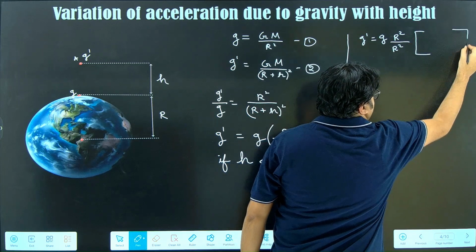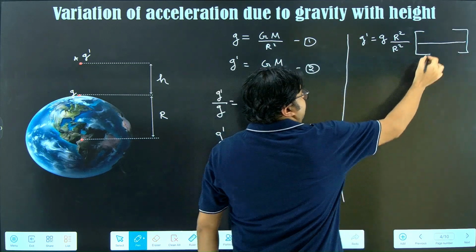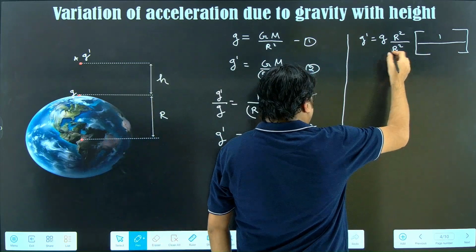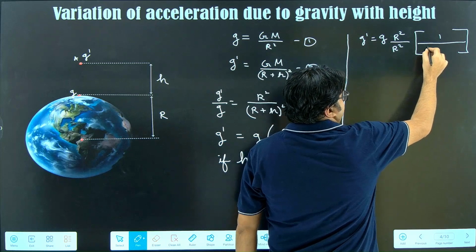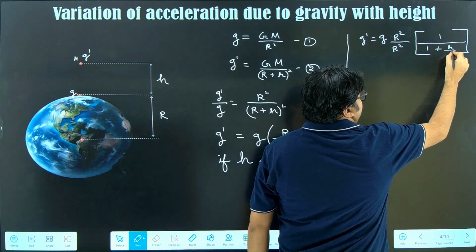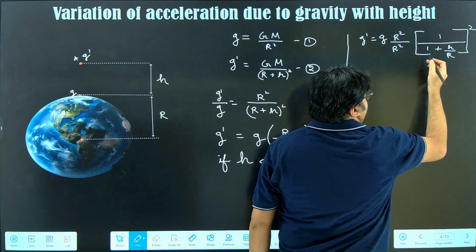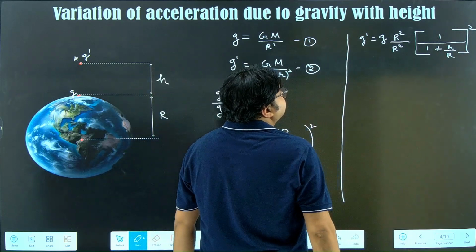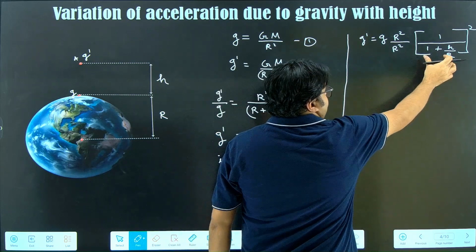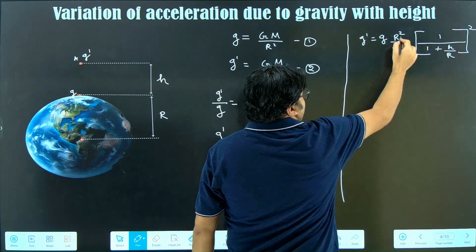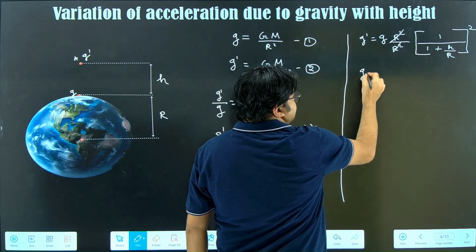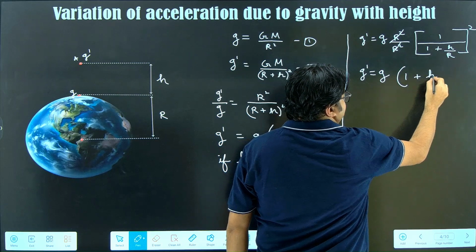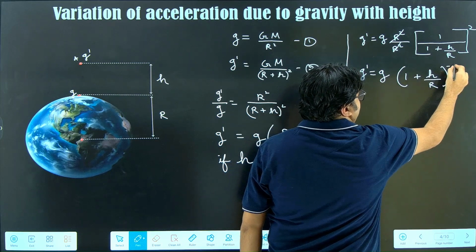What you have inside is 1, and then r plus h, 1 plus h divided by r the whole square is all you will have. Now, if you move this whole denominator up, of course r square will get cancelled. g dash would become equal to g multiplied by 1 plus h divided by r raised to the power of minus 2.